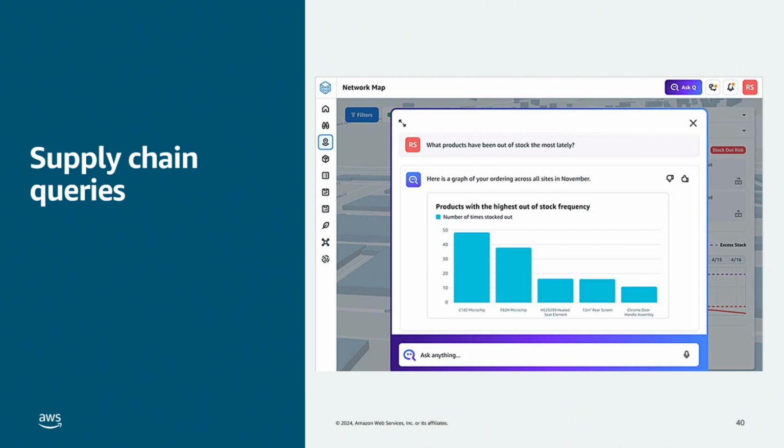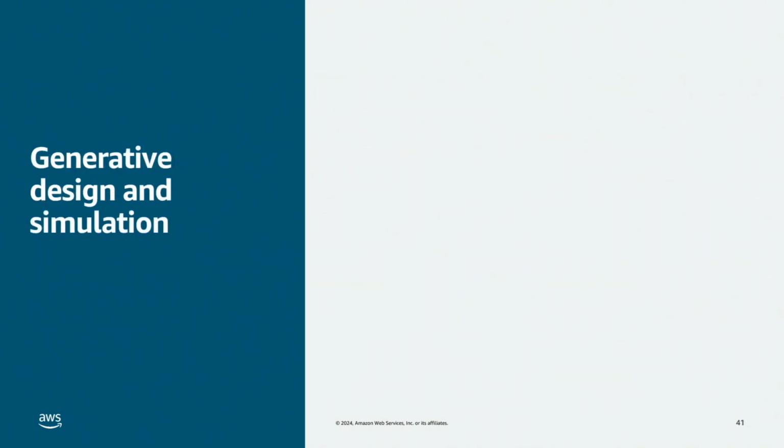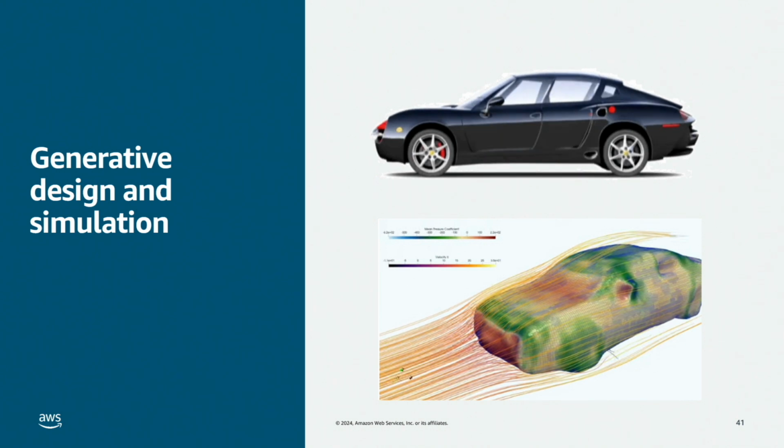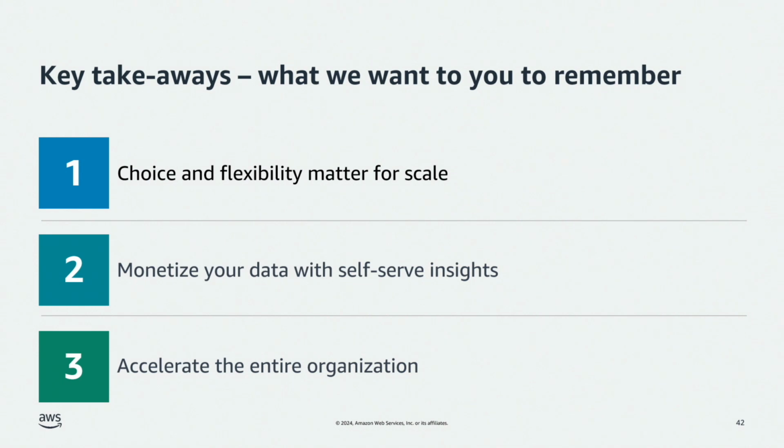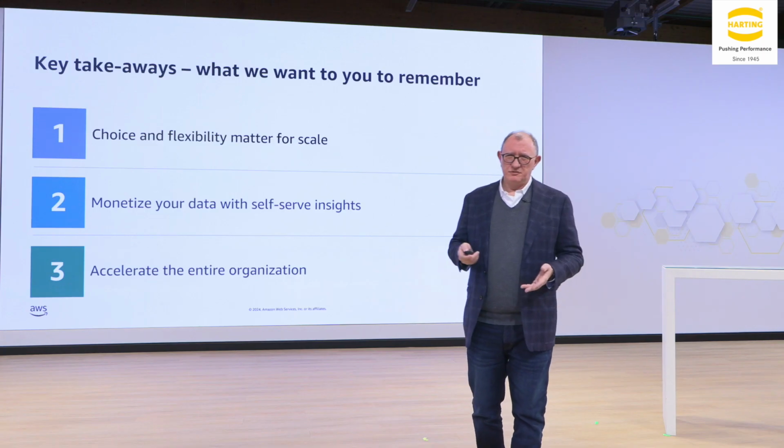I'm sure you have a report buried somewhere, or 29 different reports that show this, but wouldn't it be easier just to ask? All right, a few more examples. We use generative design to change the shape of the car, and then we run it through traditional computational fluid dynamics to understand drag.